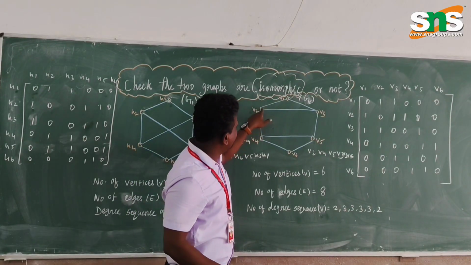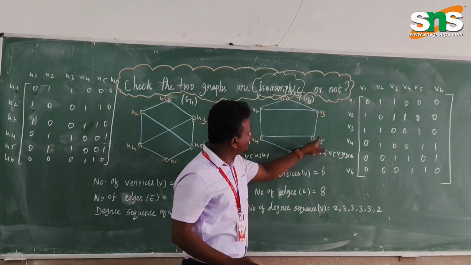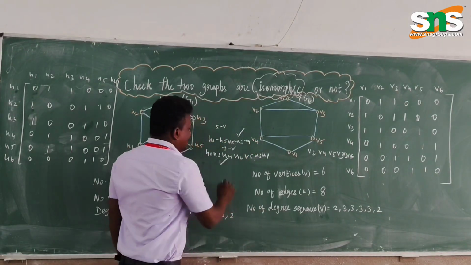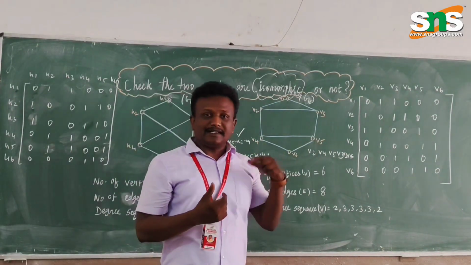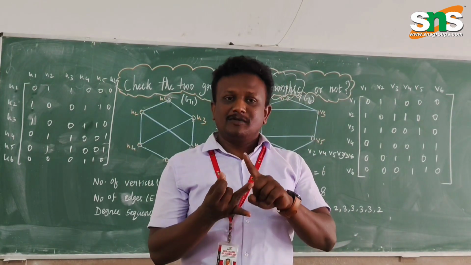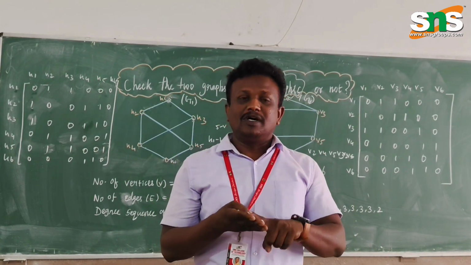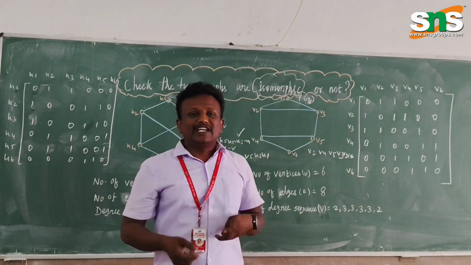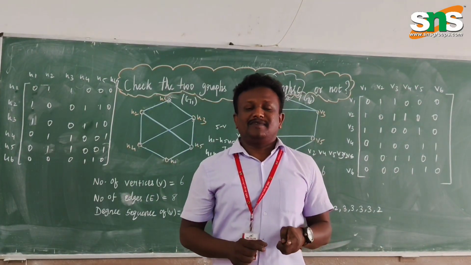So it is V1, V2, V3, V4, V6, V5, V3, and again V1. So both conditions are satisfied. So the given graphs satisfy condition number 1, 2, 3, and 4. If any two graphs satisfy these four conditions, then those graphs are called isomorphic, right?